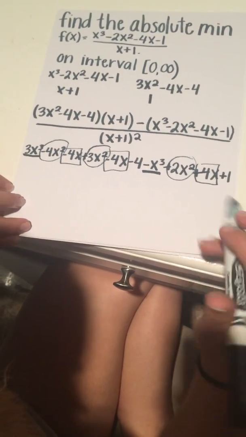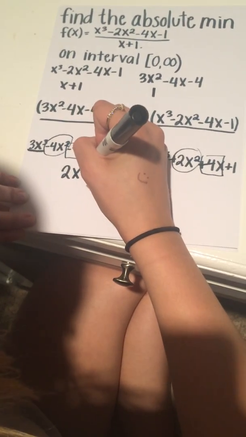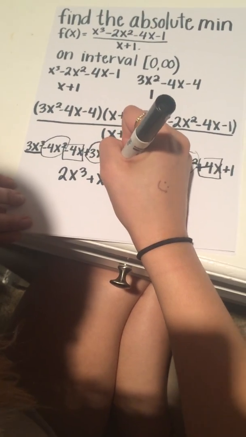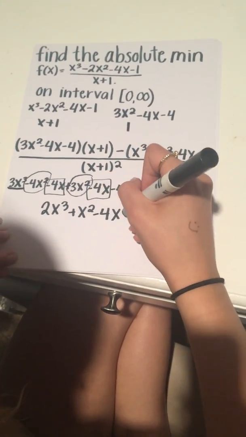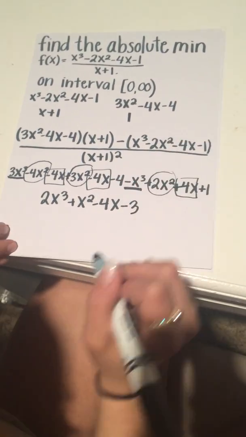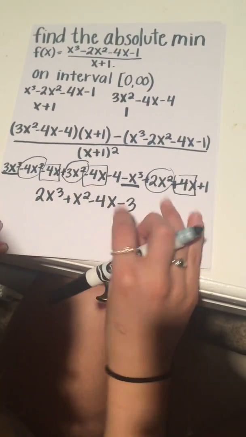And this is going to equal 2x to the third plus x squared minus 4x minus 3. And once we do that, we're going to factor it out.